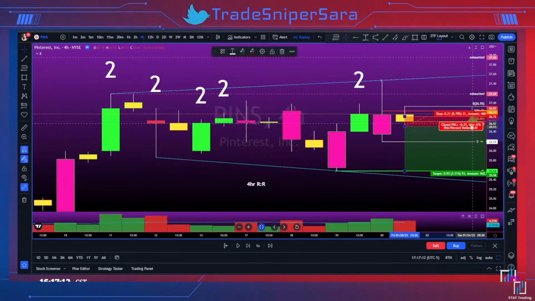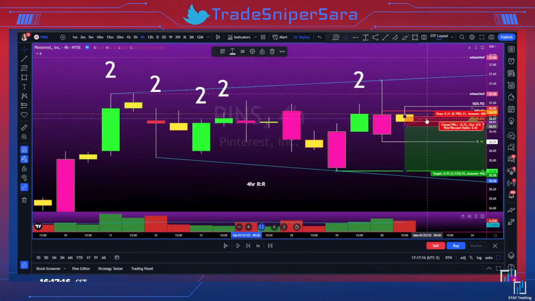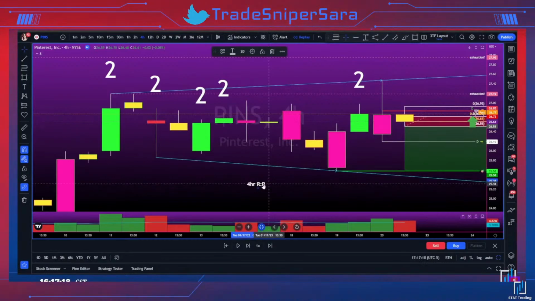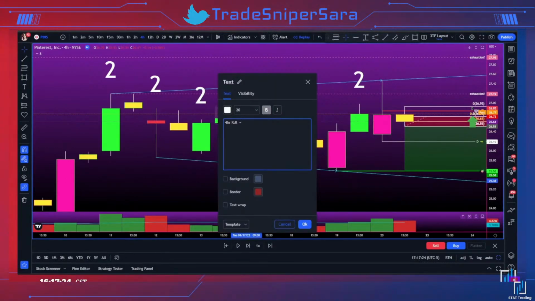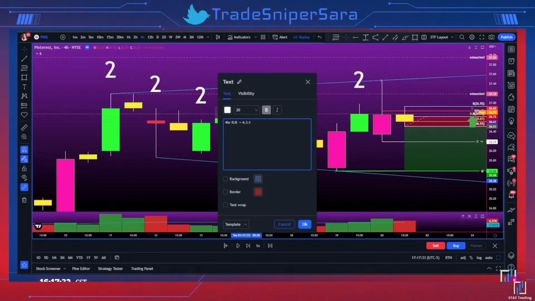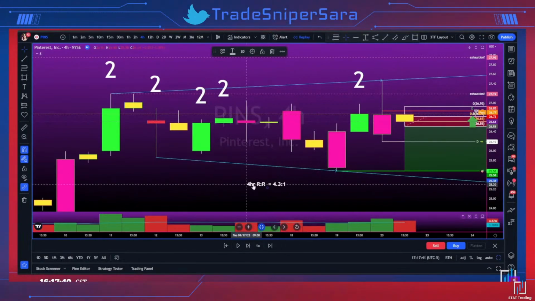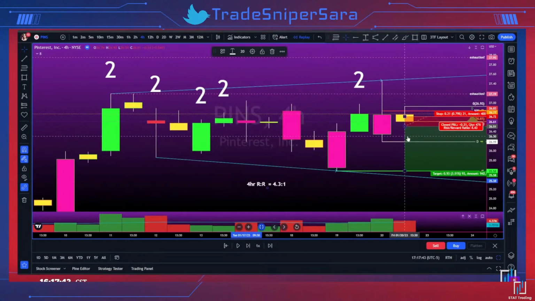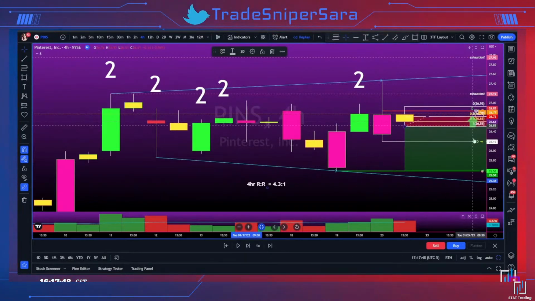So this changes your 4-hour risk reward to a 4.3 to 1. So basically you're risking $1 to make 4.